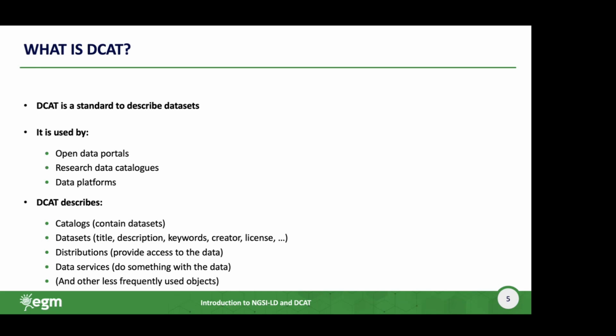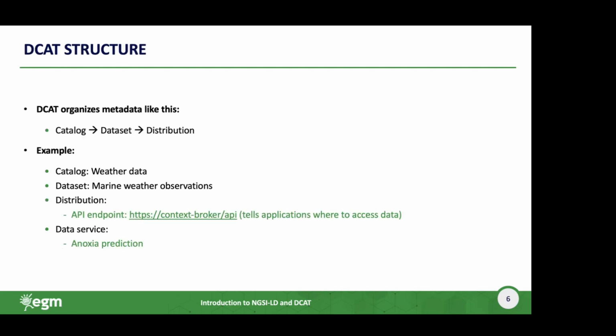So in that sense, an NGSI-LD context broker can be seen as a data service. And DCAT also describes some other less frequently used objects. So all you have to know is catalog, dataset, distributions, and data services.